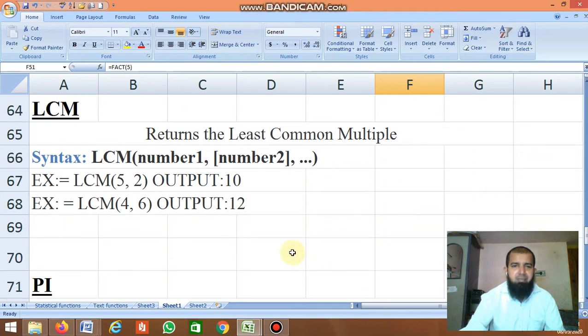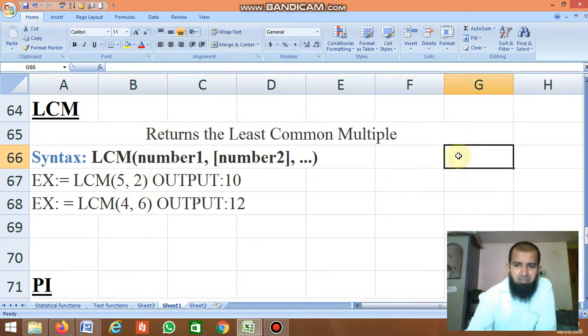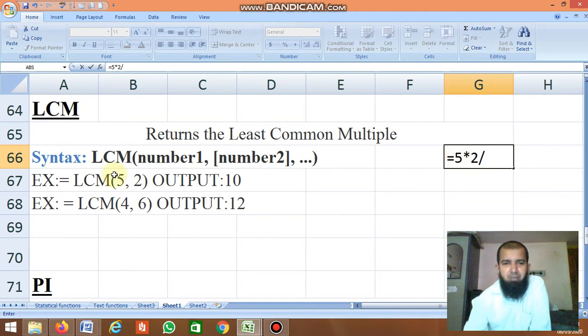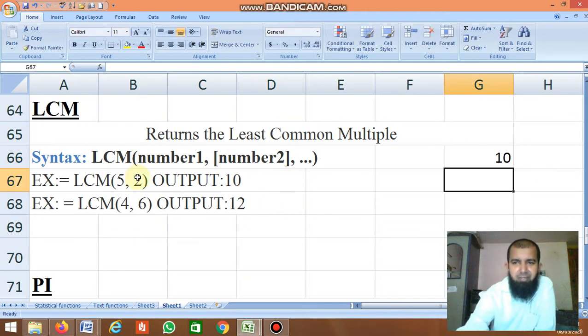Next, LCM. Returns the least common multiple. Syntax LCM number 1 comma number 2, like this. LCM of 5 comma 2. To find LCM, you multiply both and divide by GCD. See example here, equal to 5 into 2 divided by the GCD. GCD of 5 comma 2 is 1. Divide by 1, you get 10. Clear, no? Take one more example, 4 comma 6.